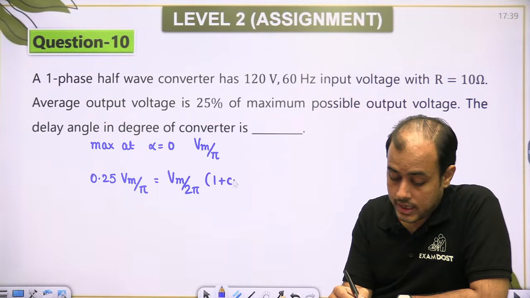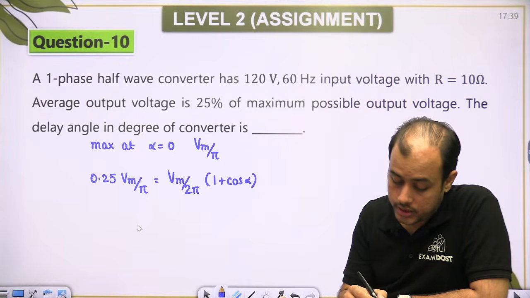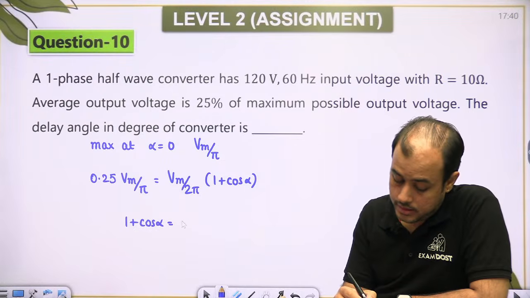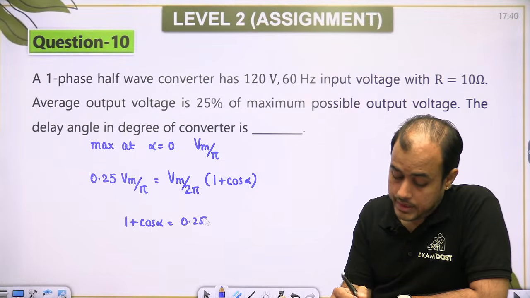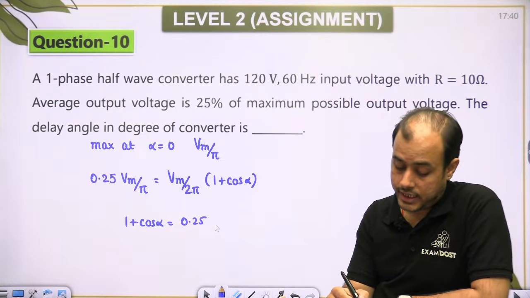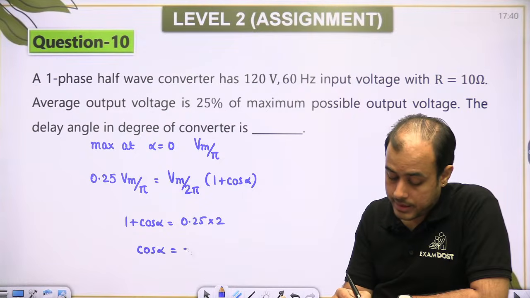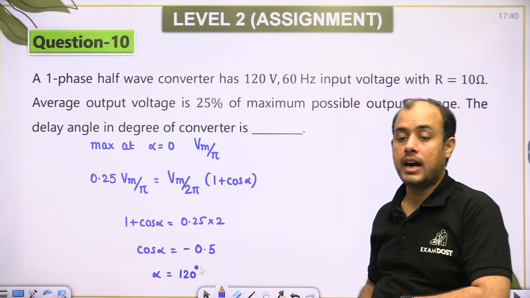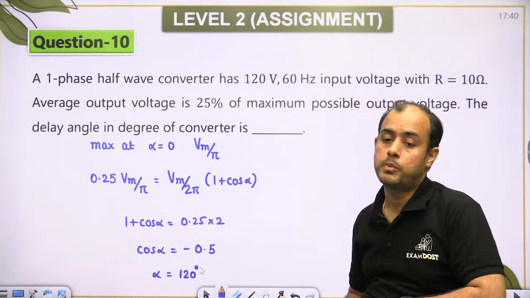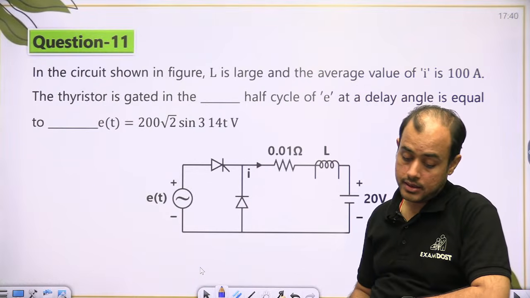For R load in a half wave rectifier, if you want, you can remember average and RMS. Okay? And RMS and average for full wave rectifier. Average will be double. RMS will contain 2 pi inside the root rather than 4 pi. RMS में क्या आएगा? अंदर में 2 pi आ जाएगा 4 pi की जगह.